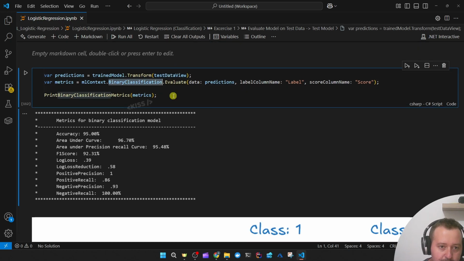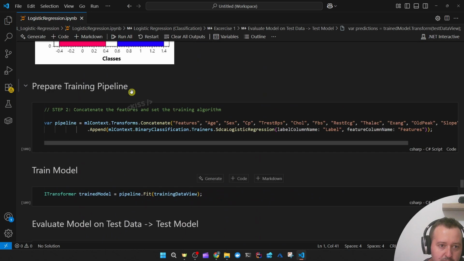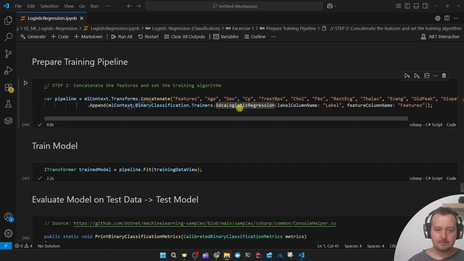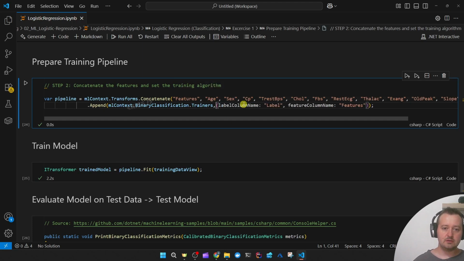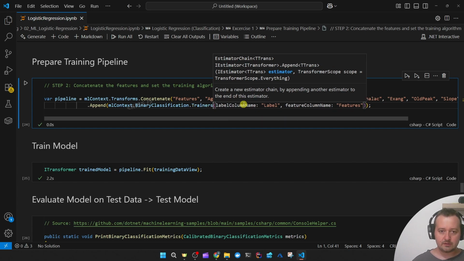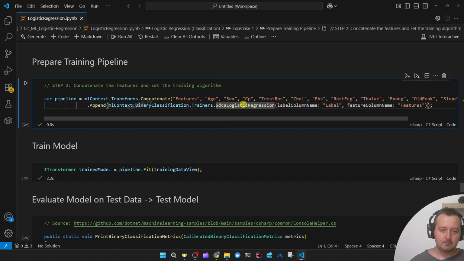Then we use here, I skipped over this, the binary classification trainer. Again, there are different types of trainers. Well, there are 2 types of logistic regression trainers in this case, each with their perks.